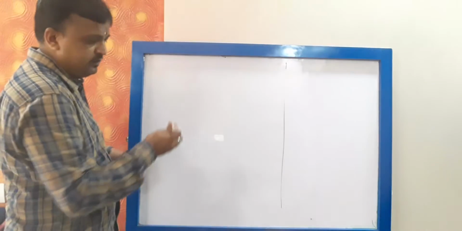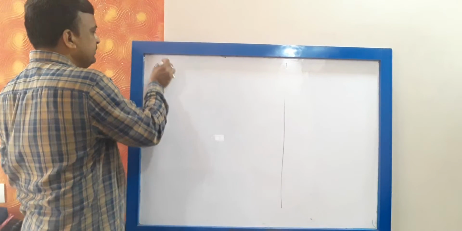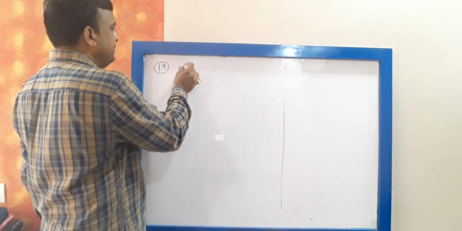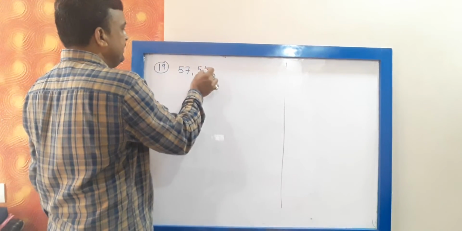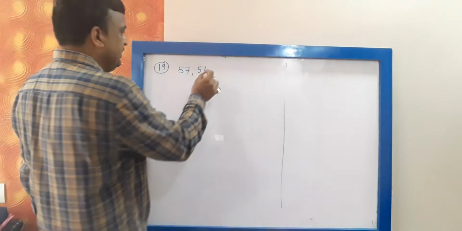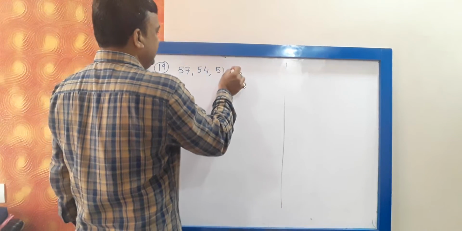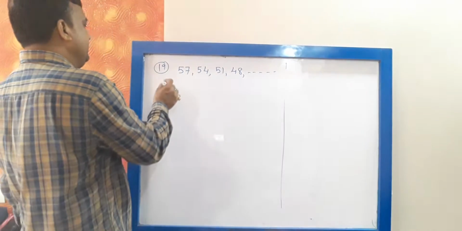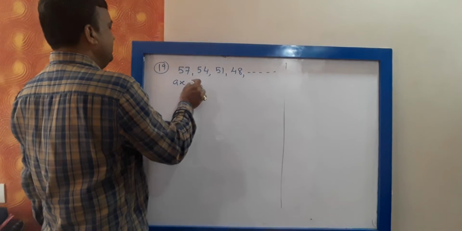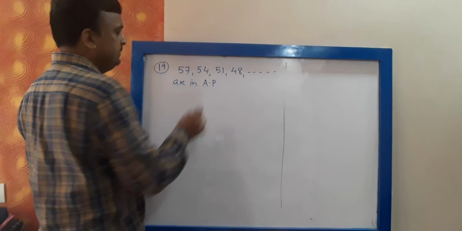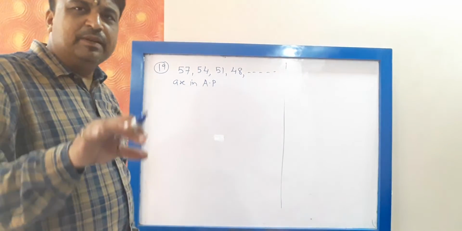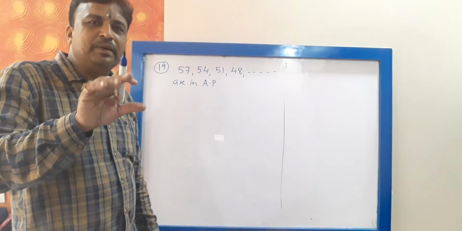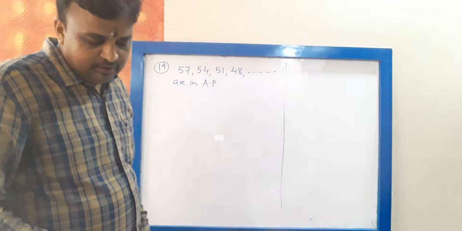Now, 19th question. You are given an AP: 57, 54, 51, 48 and so on, are in AP. The given progression is in AP. If the given progression is in AP, that means the common difference D must be the same.